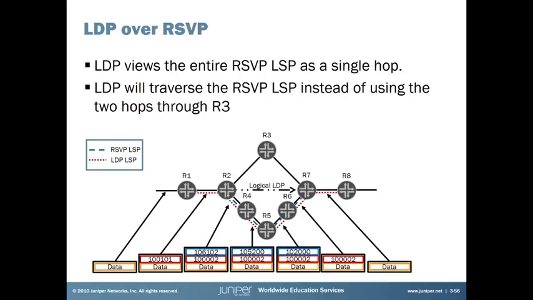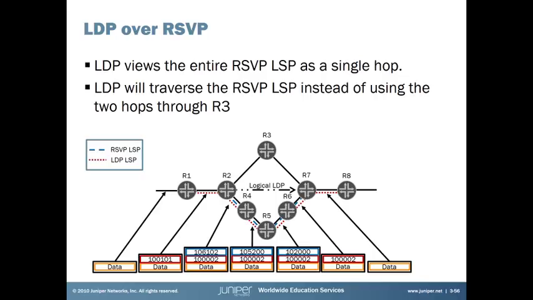What we can do is set up LDP over RSVP. LDP views the entire RSVP LSP as a single hop, and it will traverse the RSVP LSP instead of using the two hops through R3.